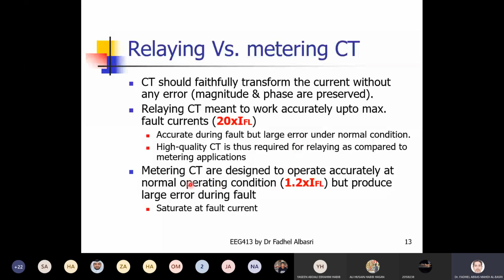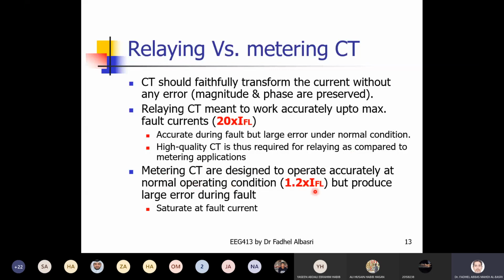In metering, however, it might have larger error during normal or light load conditions. But the purpose of protection is to operate during short circuit, not during normal operating conditions. So if there is a large error during normal operation, this is not an issue for the protection CTs. A high quality CT is thus required for relaying applications as compared to metering applications.